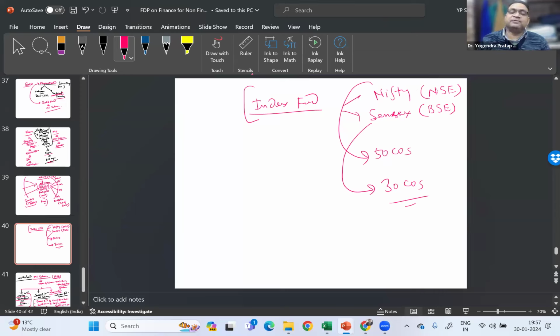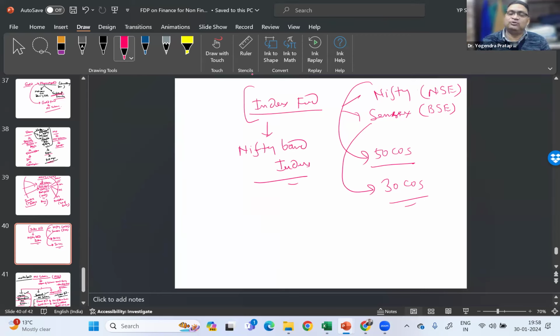So in an index fund, your fund manager will invest in those companies which belong to, suppose it is a Nifty based index fund, then your fund manager will invest in the shares of those companies which are listed under the Nifty.